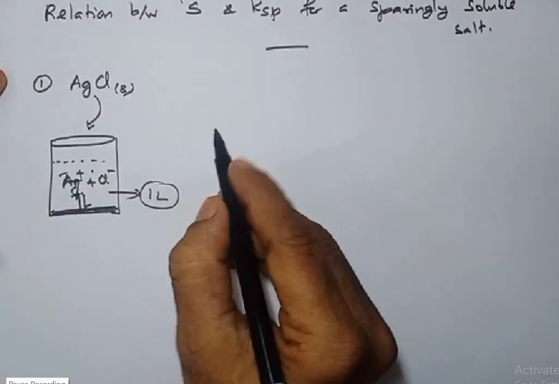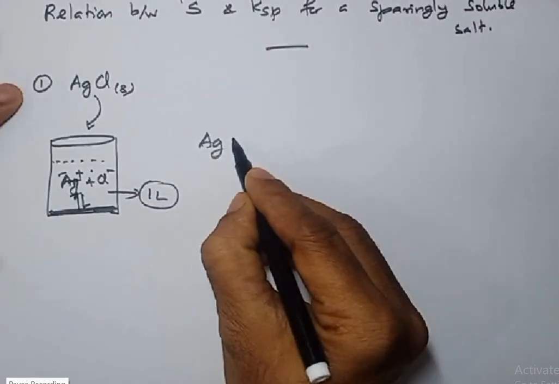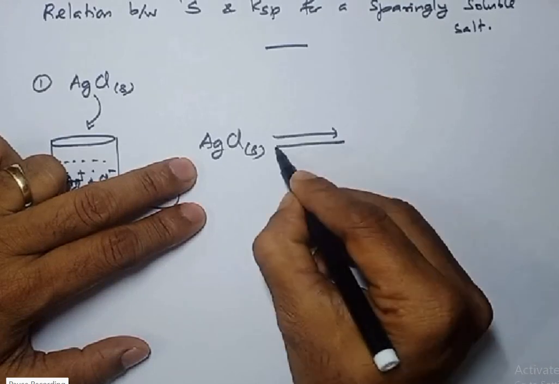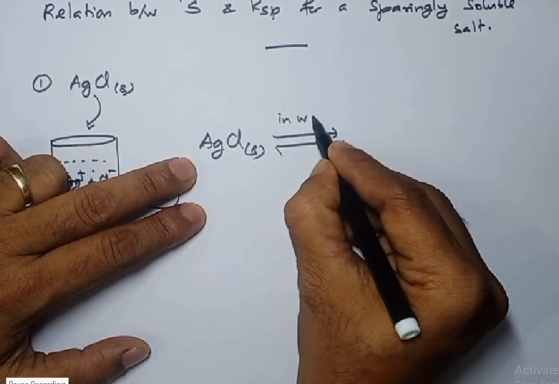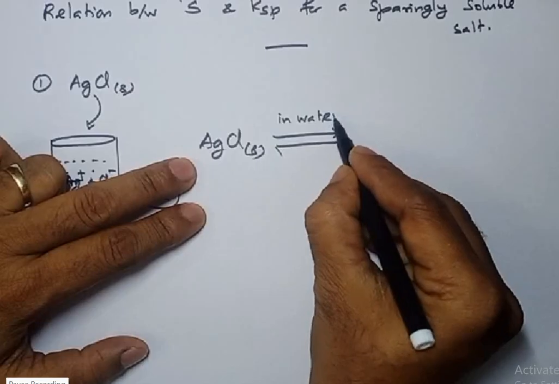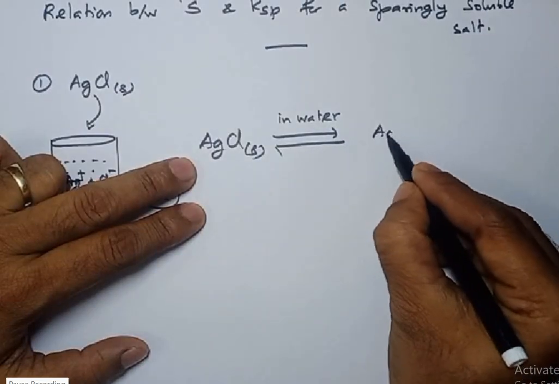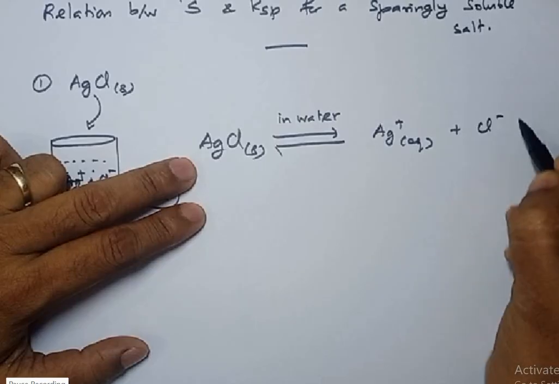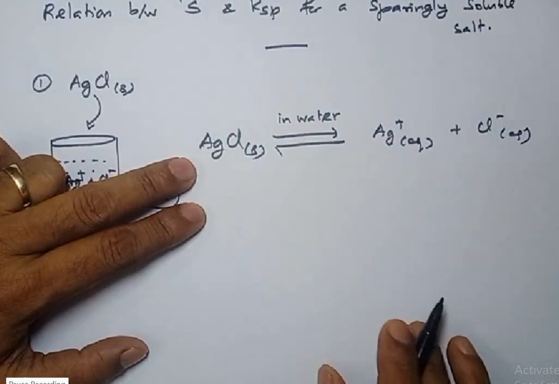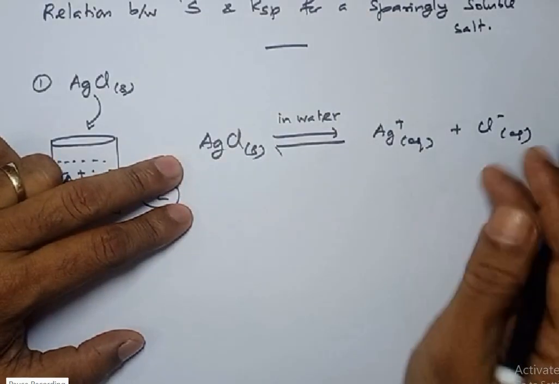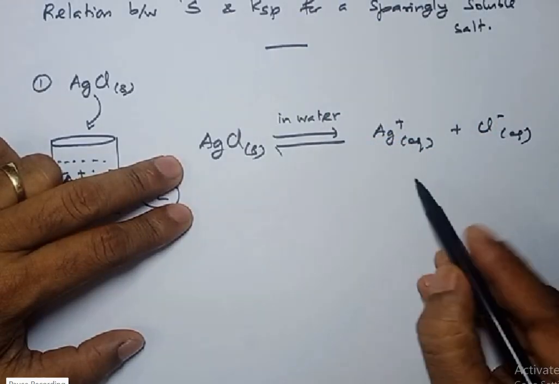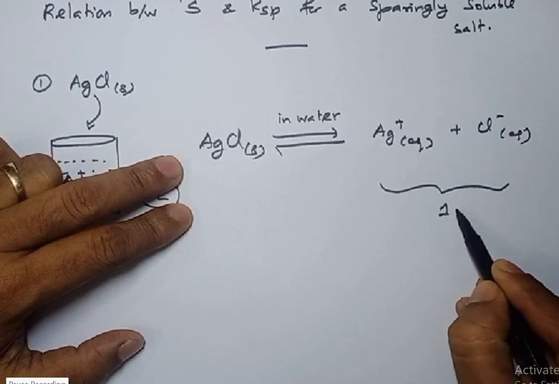So what I am trying to say is, silver chloride solid dissociates in water and forms silver ion in aqueous medium plus chloride ion in aqueous medium. This we know. Suppose the total volume of solution is 1 liter.